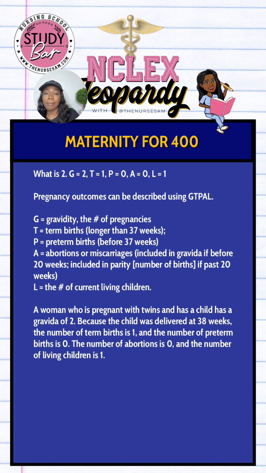And where some people will get mixed up, and I just want to make sure you don't, is that even though she is pregnant with twins, when she gives birth, it's still one pregnancy. However, she's giving birth to 2 children.